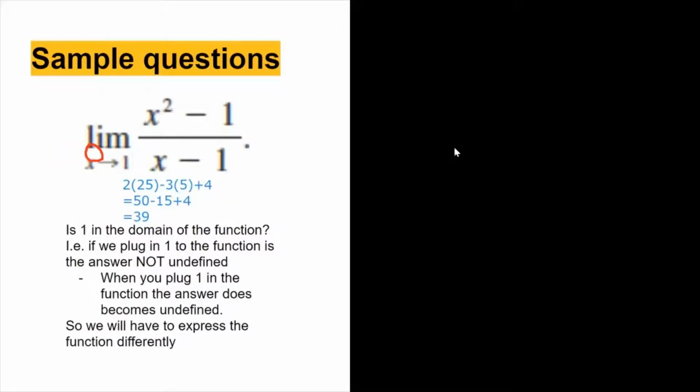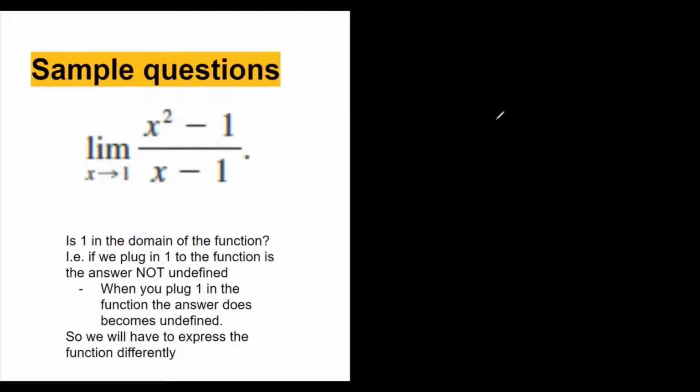Next question. The next question involves limit x tends to 1, x squared minus 1 divided by x minus 1. Now again, to figure out how we're going to move forward, we should just put 1 in the function.